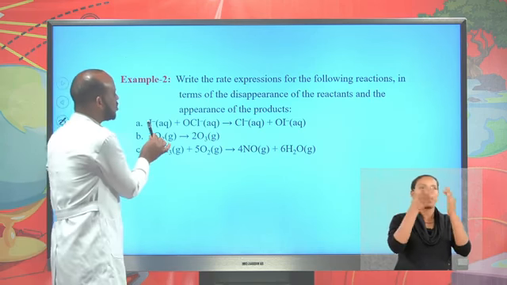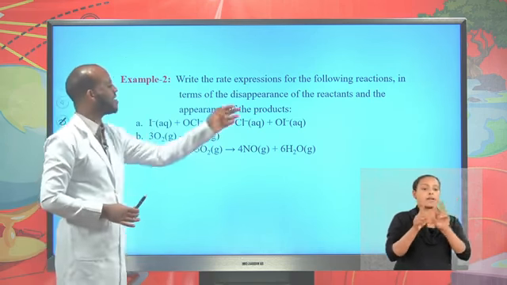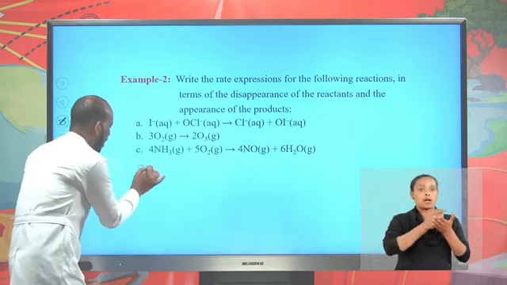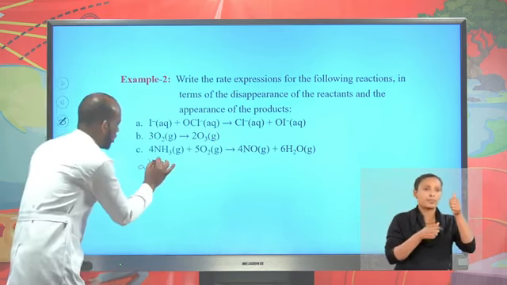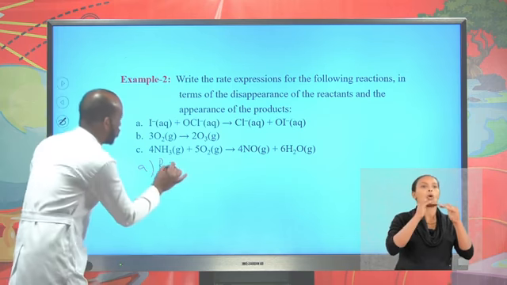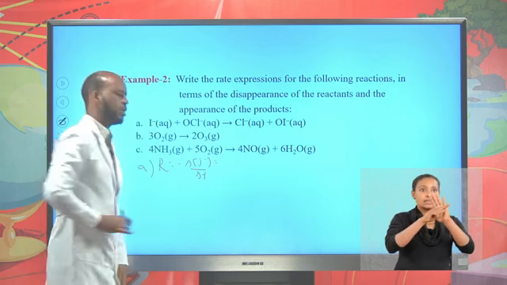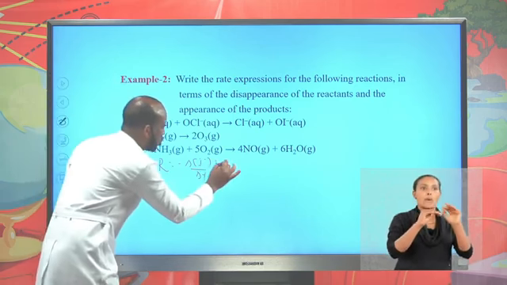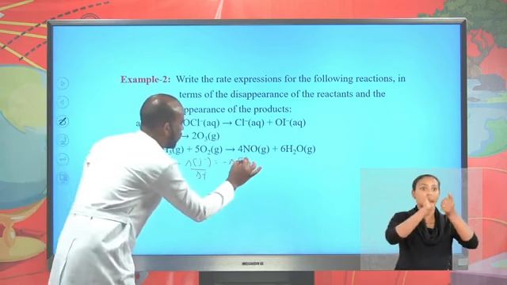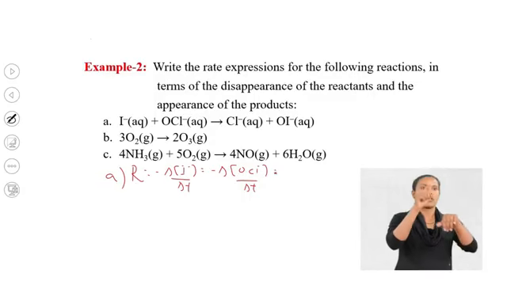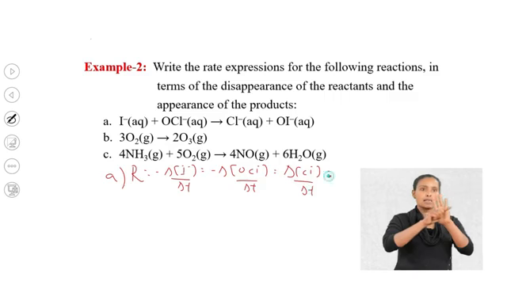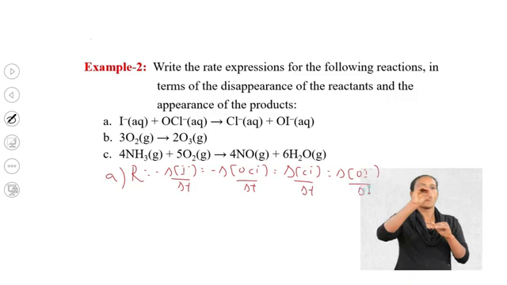Now, the rate of this reaction in terms of reactants and in terms of products is written as, for A, rate equals minus change in concentration of I minus divided by change in time, equals minus change in concentration of OCl minus divided by change in time, equals, in terms of products, plus change in concentration of Cl minus divided by change in time, equals change in concentration of OI minus divided by change in time.